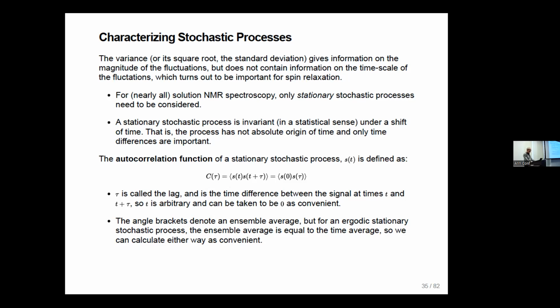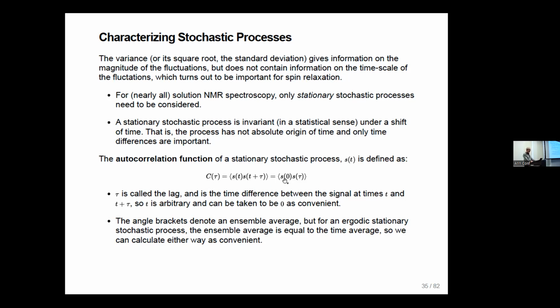And averaging could mean an ensemble average over lots of copies. Or in the case of our NMR sample, I divide the sample up into lots of small subensembles and average over each subensemble. Or it could mean a time average. So for a stationary system, that means it's also ergodic. So ensemble averages and time averages are the same.